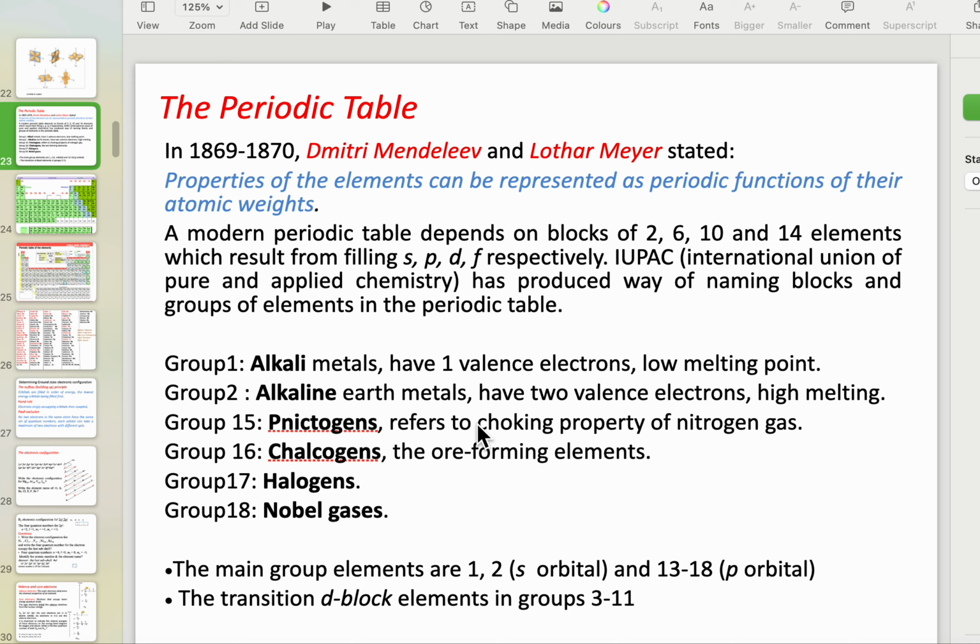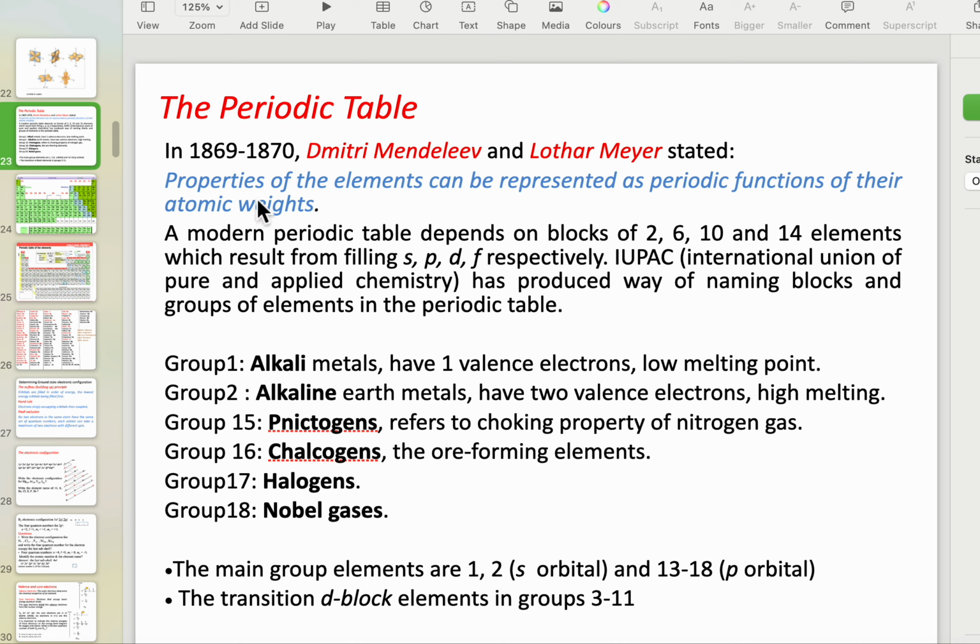Now we come to the periodic table. We have to know exactly how the periodic table is built, organized, or arranged. In 1869 to 1870, Dmitry Mendeleev and Lothar Meyer stated that properties of elements can be represented as periodic functions of their atomic weights.